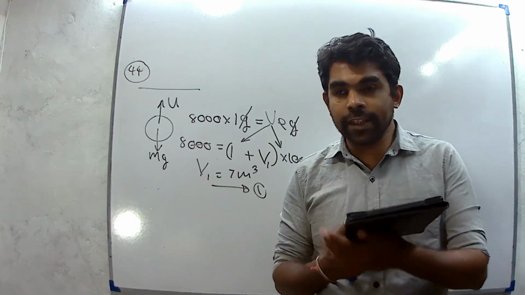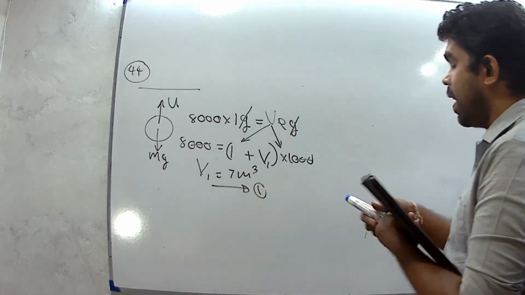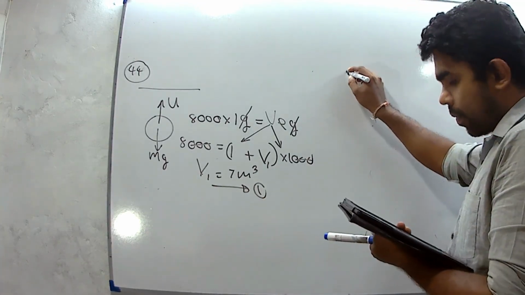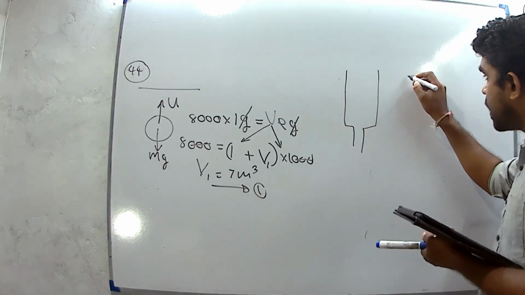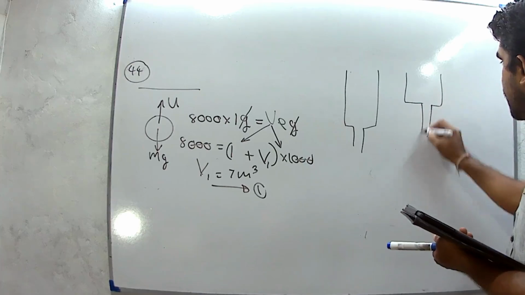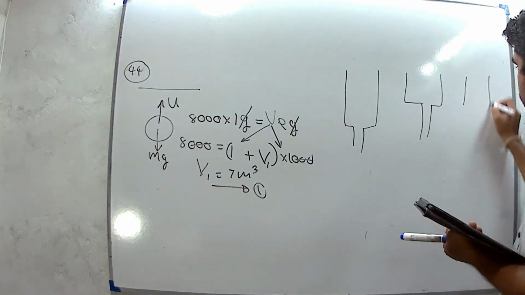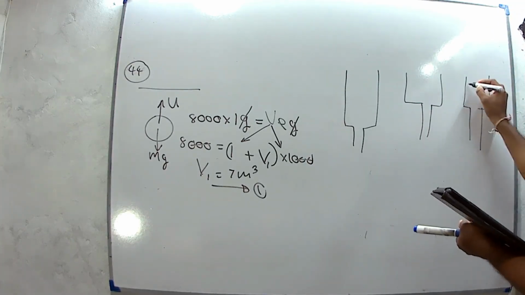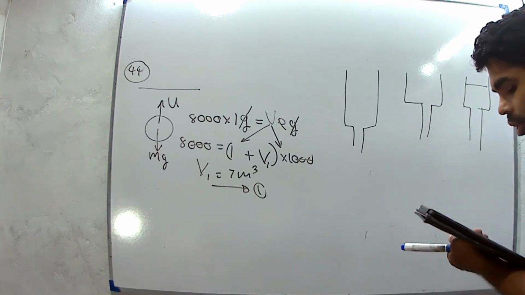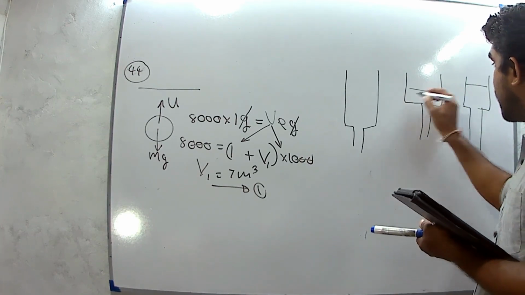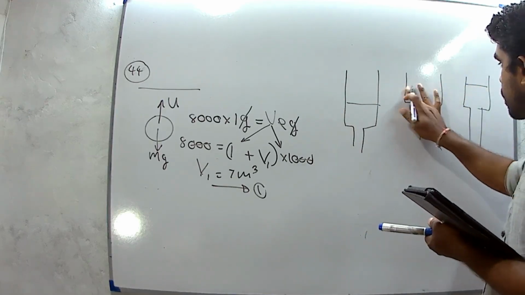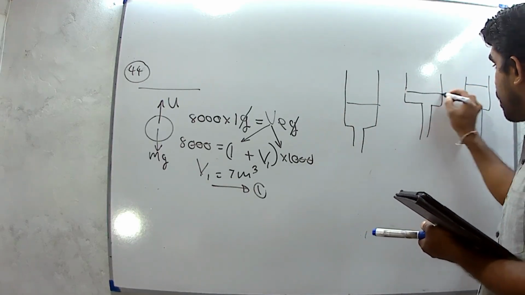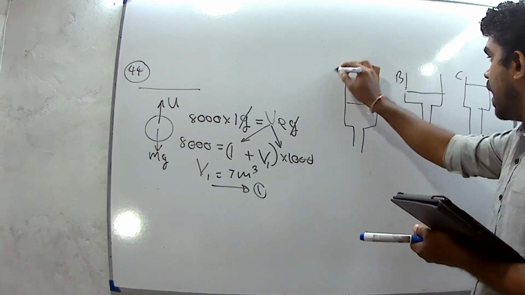Yes, it is correct. Then I will explain it. There are three heights in A, B and C. The maximum water height is in the C tank, then second B, finally A. C, B, A.